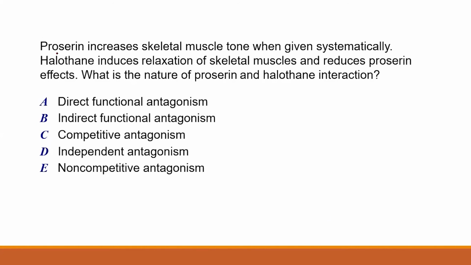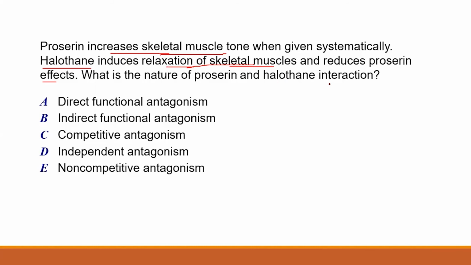Aha. We say proserine increases skeletal muscle tone when given systemically. Halothane induces relaxation of the skeletal muscles and reduces proserine's effect. Look at the two. One increases skeletal muscle tone. The other relaxes it. So what is the nature of proserine and halothane interaction?